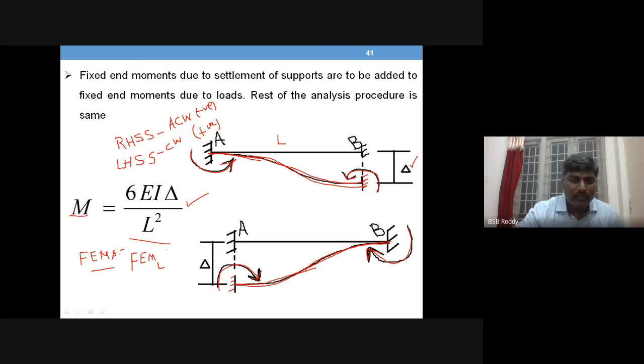Fixed end moment due to load plus, I mean plus in the sense plus or minus according to their sign, fixed end moment due to sinking. That will give you the final fixed end moments which are modified. Those we will take up and proceed for the rest of the procedure in a similar manner as discussed in the earlier cases.